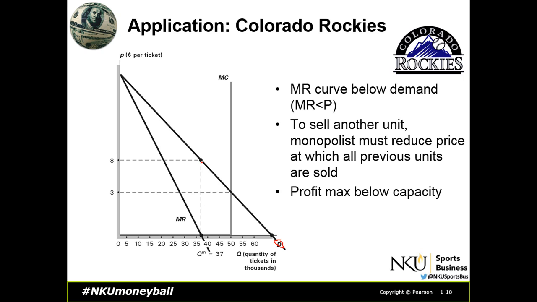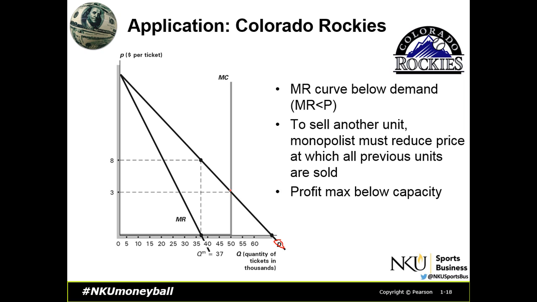Now, if I wanted to sell out the stadium, I could go all the way to 50,000. I could look at where my marginal cost curve is, go all the way until I cross it with demand, and that would be at $3 a ticket, right? So in order to get that extra 13,000, I've got to lower my ticket price from $8 to $3 to get those extra 13,000 people.